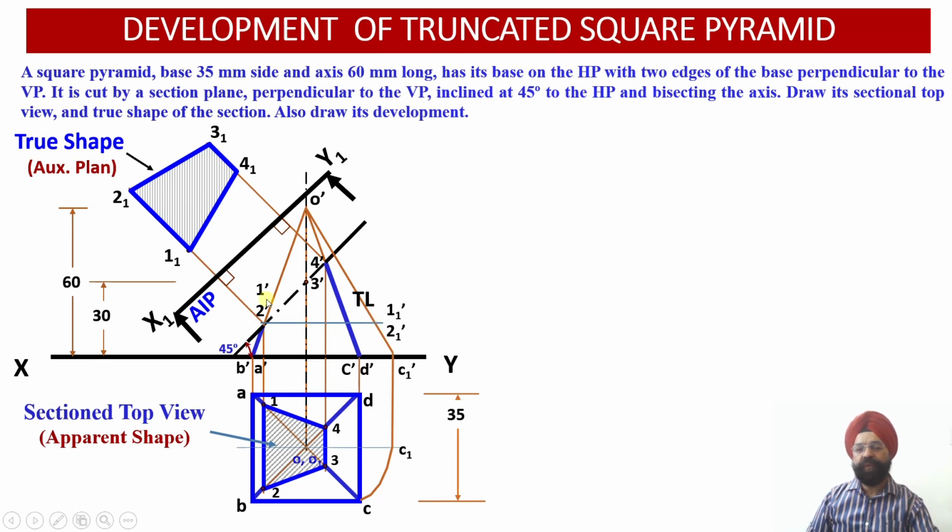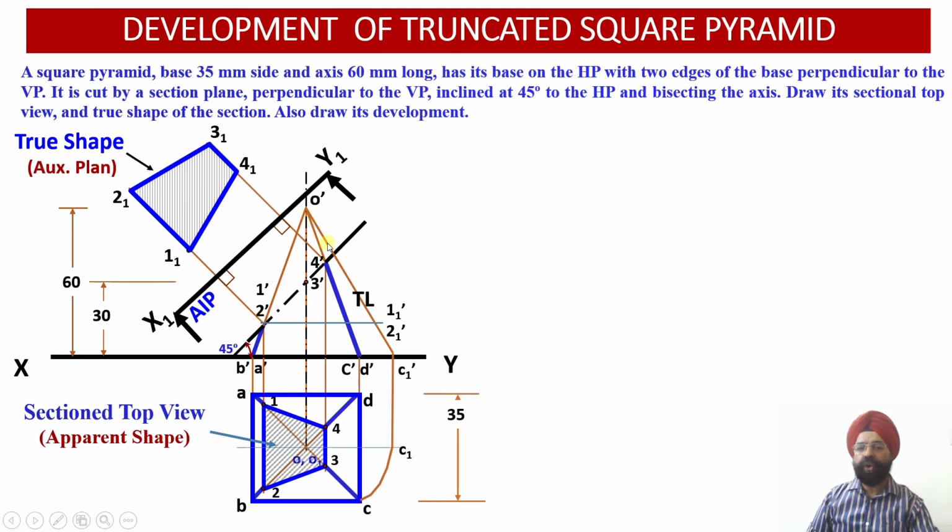The moment this 1 dash 2 dash horizontal projector intersects at this true length, that is O dash C1 dash, I obtain the points of intersection, the actual radii. So the actual radii will be the ones corresponding to the true length. So this is the radius which is lying on the apparent length line.